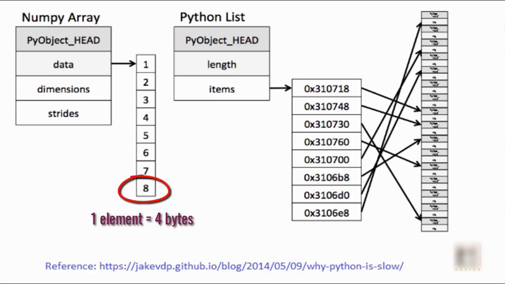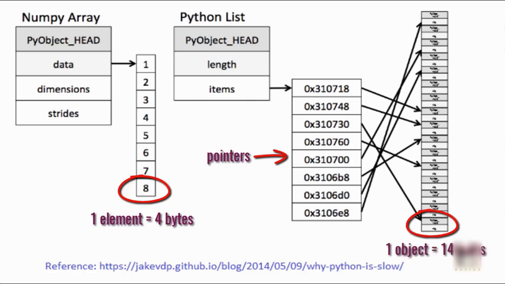Versus in case of Python list, you all know that in Python, everything is an object. So the list will contain a list of pointers first, as you can see in the diagram, and each pointer will then point to another location in the memory, which will be your object, and the size of that one object will be 14 bytes.